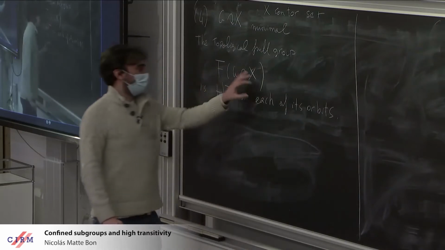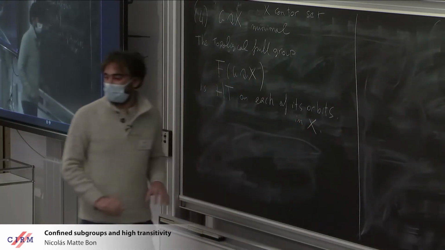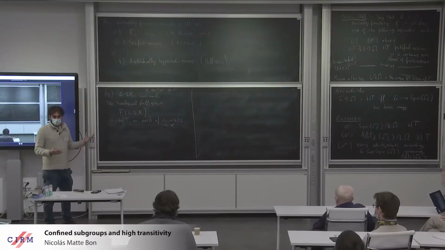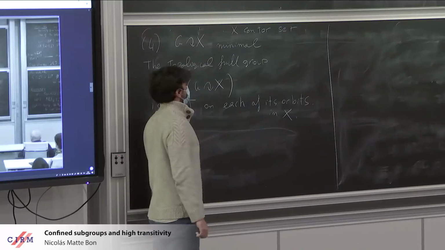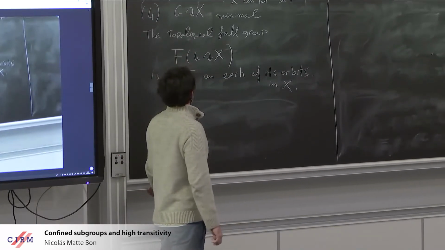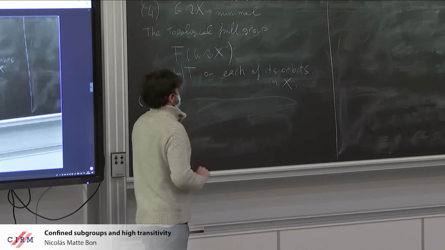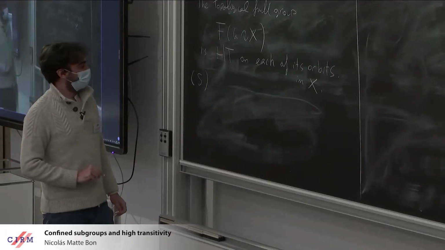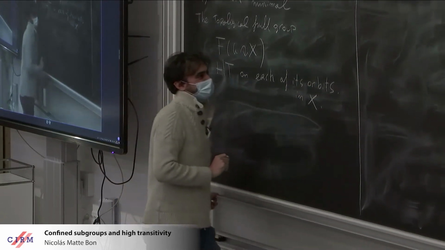Whenever you have an orbit, you have so much flexibility that here you do see natural highly transitive actions. And a special case of this that will be important for me is the Higman-Thompson groups. So let me write it here.